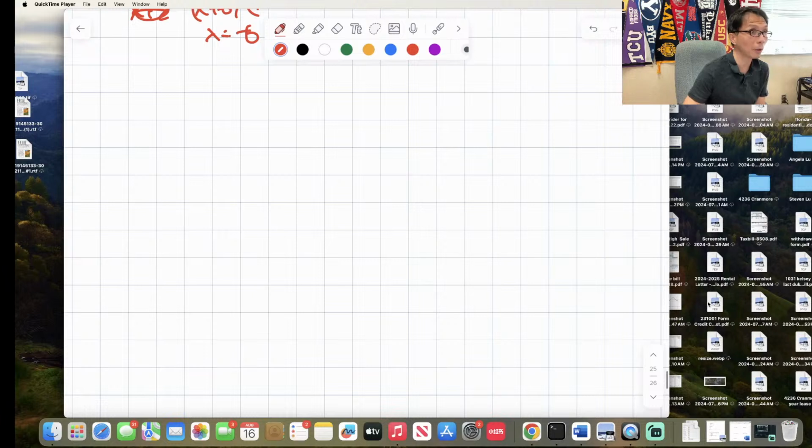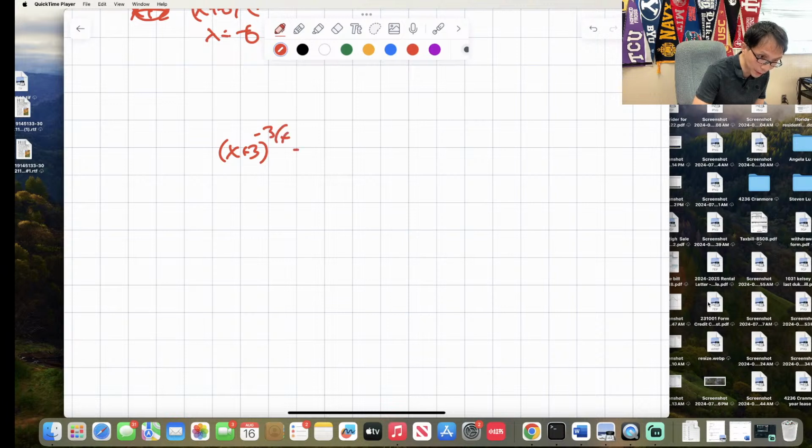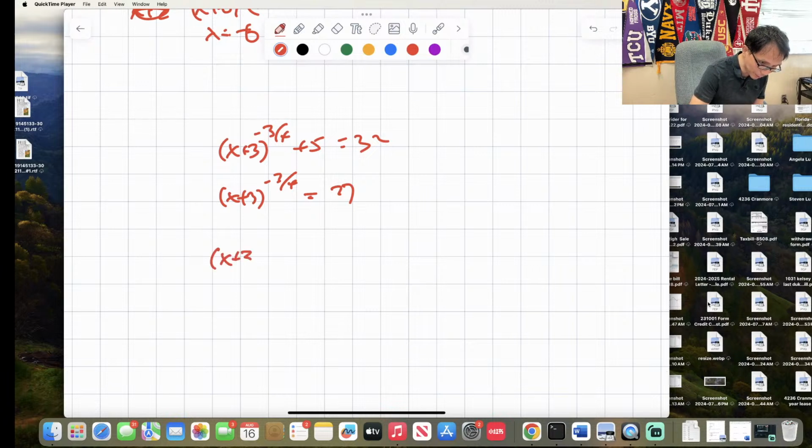Okay, I'm going forward. The next one will be (x plus 3) to the negative 3/4 plus 5 equal to 32. So it'll be (x plus 3) to the negative 3/4 is equal to 27. The way to get rid of the power is to raise both sides to the negative 4/3, because that's the inverse power. So that's going to be x plus 3 on this side.